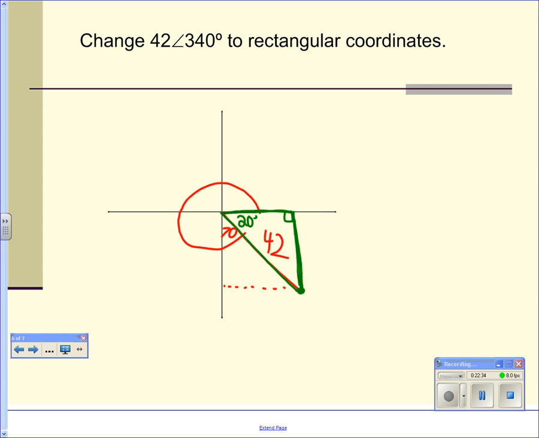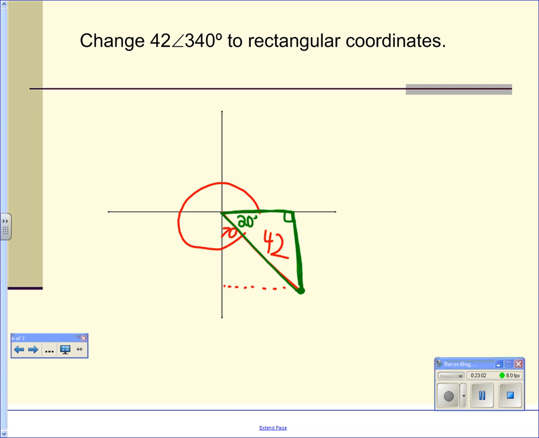Okay, so see if you can find your R and your U correctly. They're going to be bigger numbers. So you always use cosine and sine, not tangent, for these. When you go the other way, from rectangular to polar, you'll use tangent.